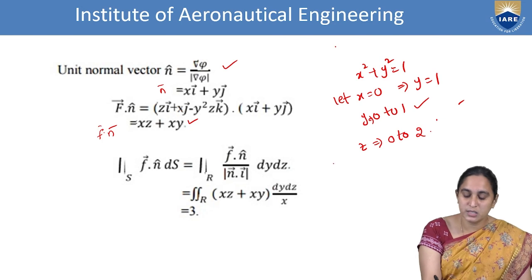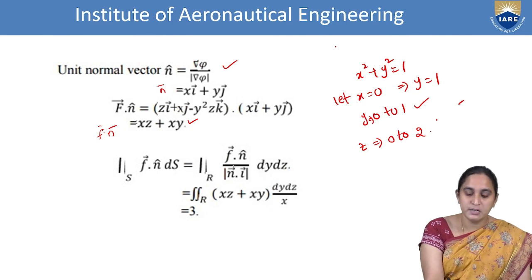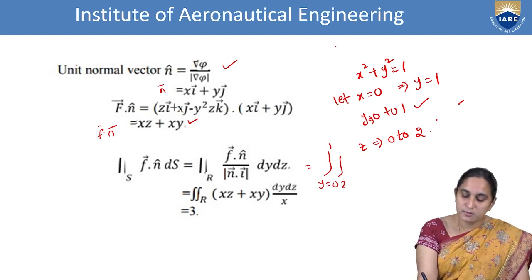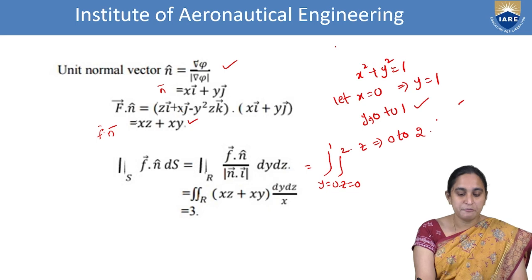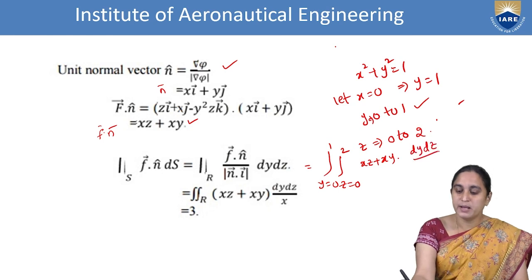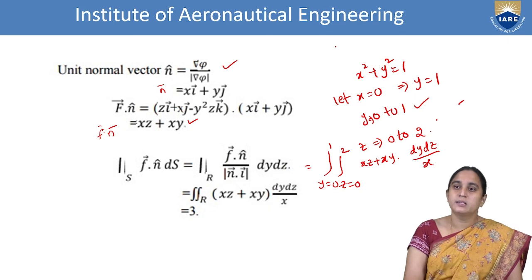Then substitute in the above formula: the surface integral of f bar dot n bar ds is equal to the double integral of f bar dot n bar by the modulus of n bar dot i bar, into dy dz. That is, y limits 0 to 1 and z limits 0 to 2, f bar dot n bar as xz plus xy into dy dz, divided by the modulus of n bar dot i bar, which is x.